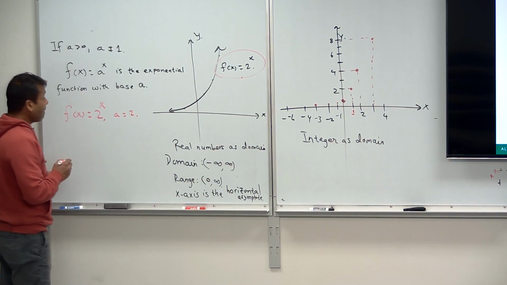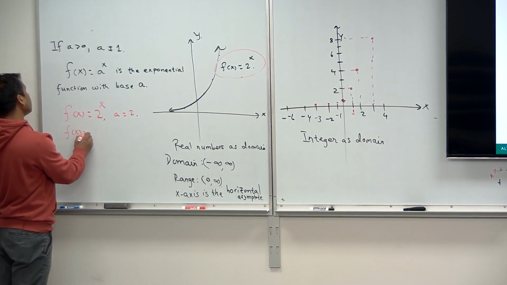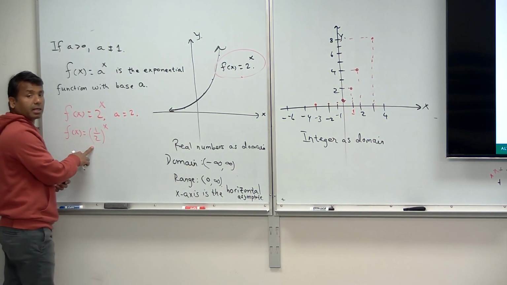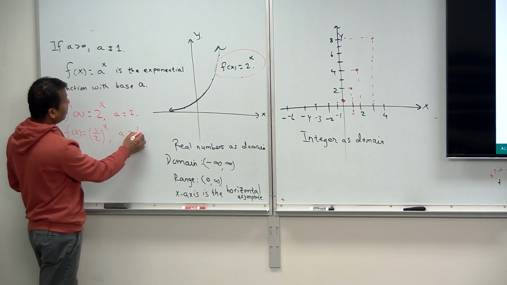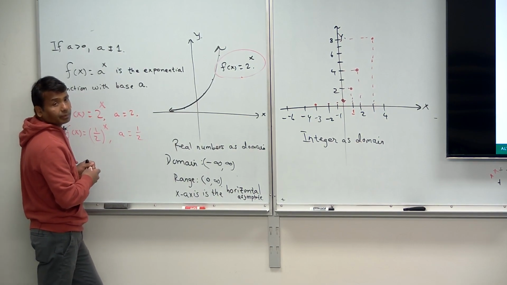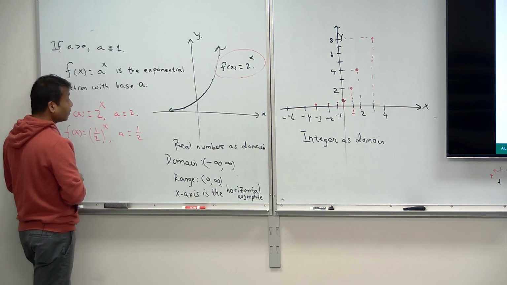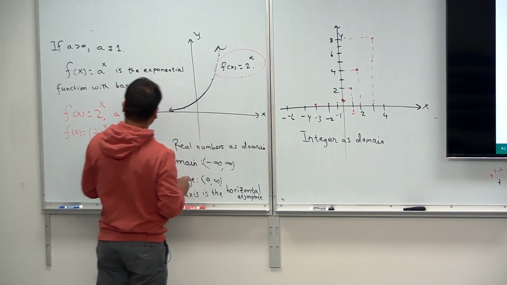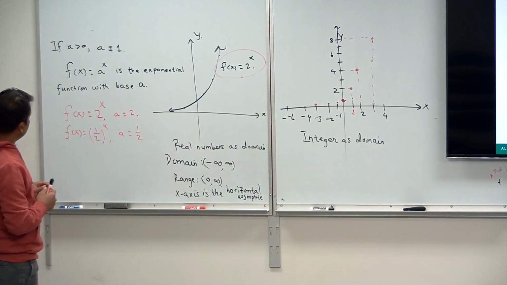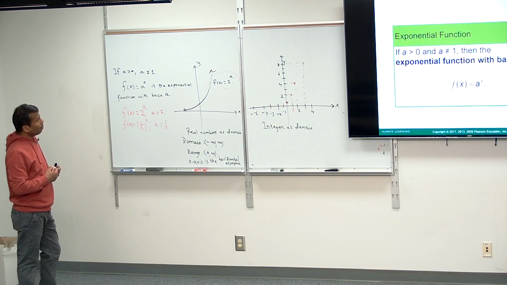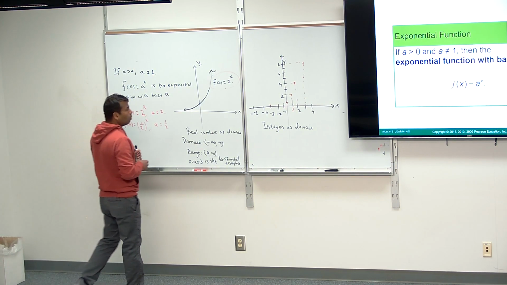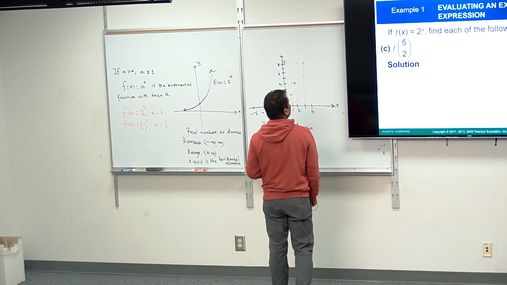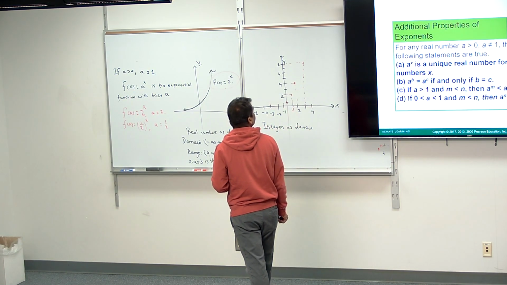If you have f(x) equals, let's say, 1/2 to the power x, this is also an exponential function with a equal to 1/2. Right? So this is the graph of an exponential function. Make sense? Good.